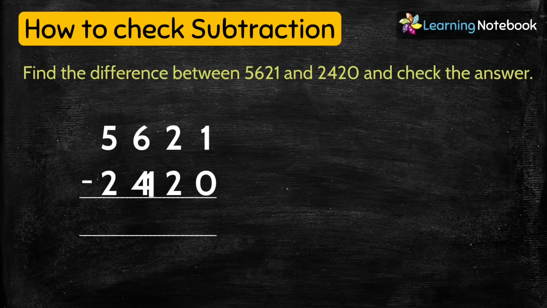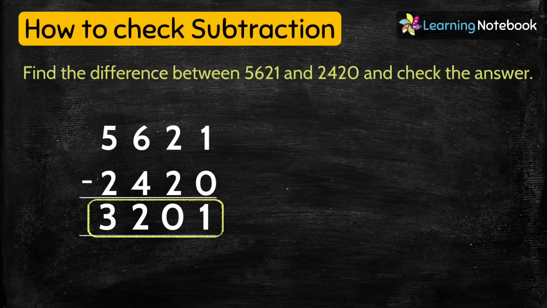1 minus 0 equals 1. 2 minus 2 equals 0. 6 minus 4 equals 2. And 5 minus 2 equals 3. So we have got the difference as 3201.